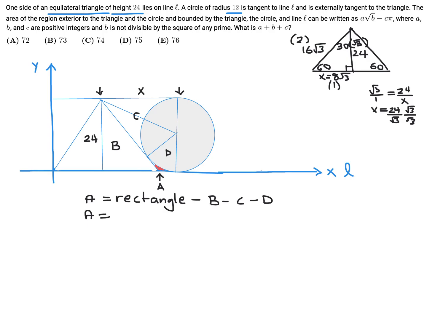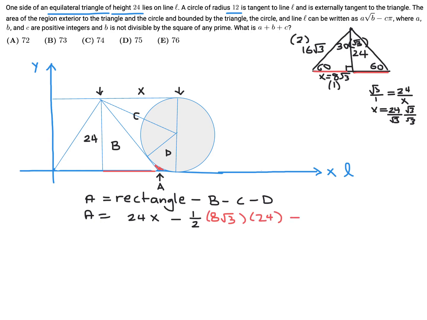So the area of the rectangle would be 24x, correct? And then B looks like 1/2 base times height. So the base is going to be from there to there, and that is the same as this, which is 8 root 3. And then the height is 24, so that takes care of B.